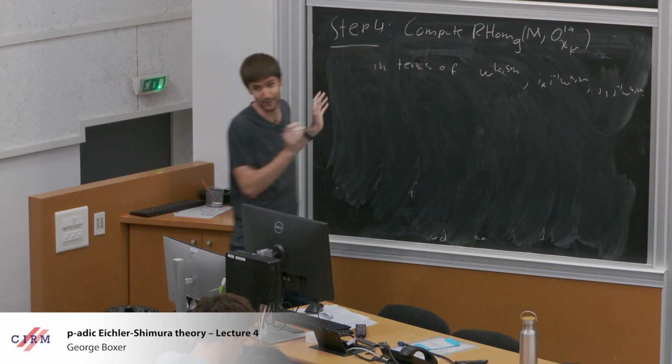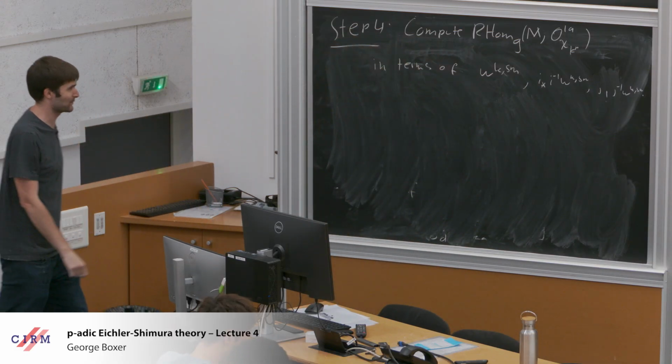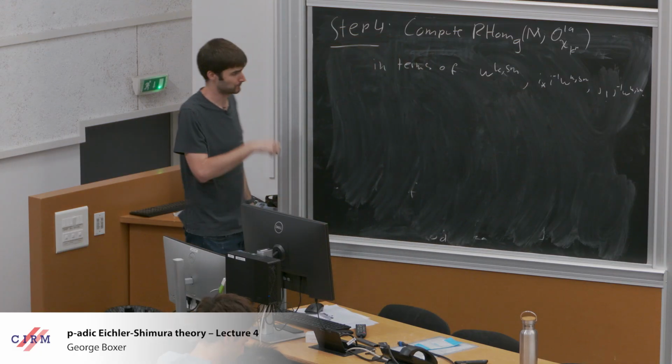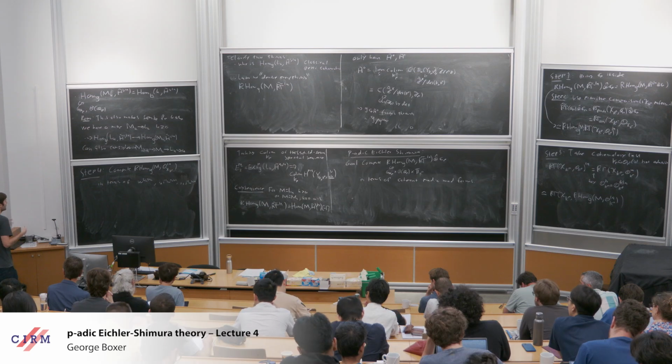Okay, and this is kind of the miracle of the subject, is that you compute this and you compute it in terms of these things. Okay? And so how are we going to do this?